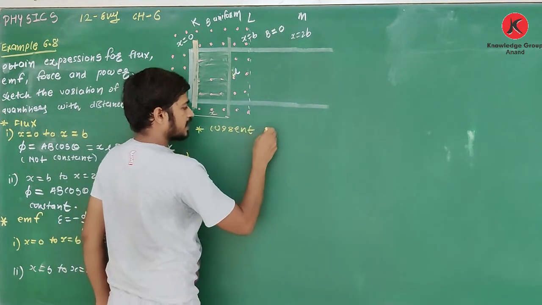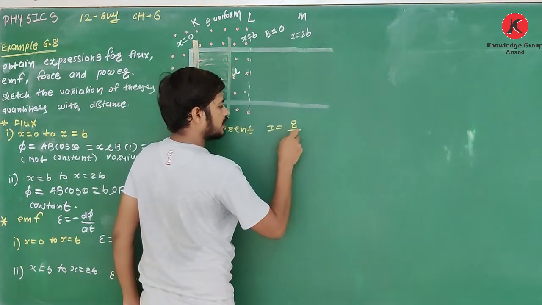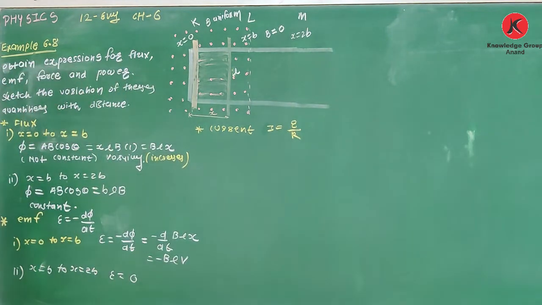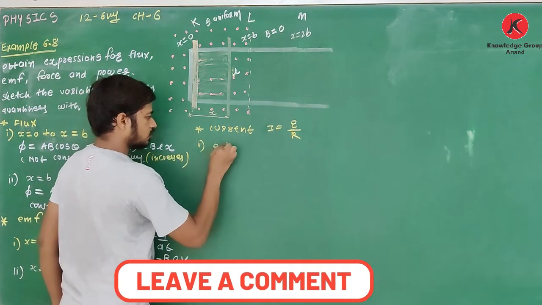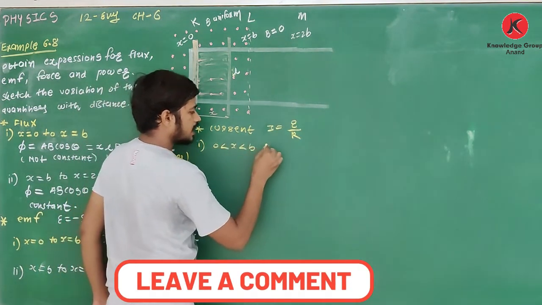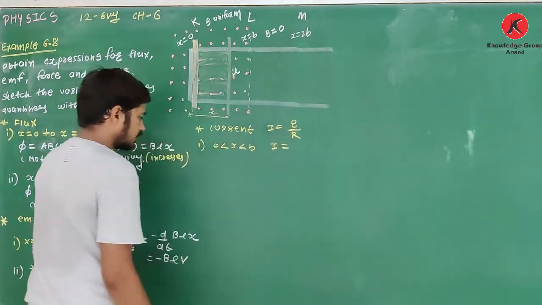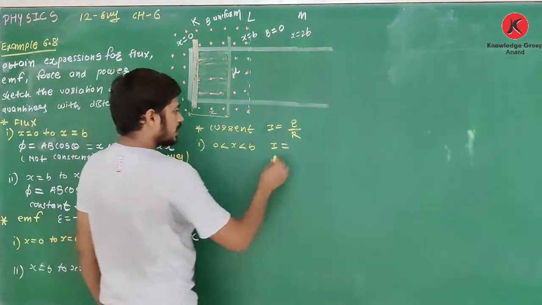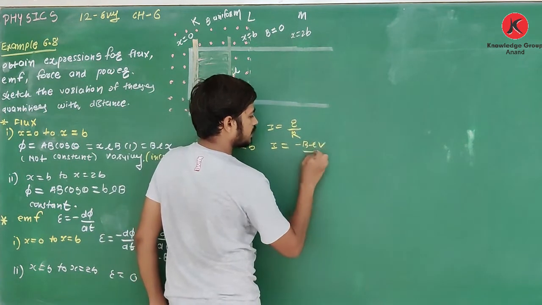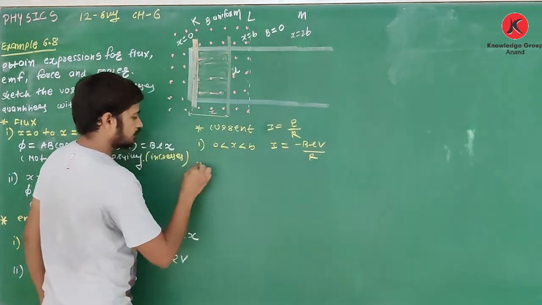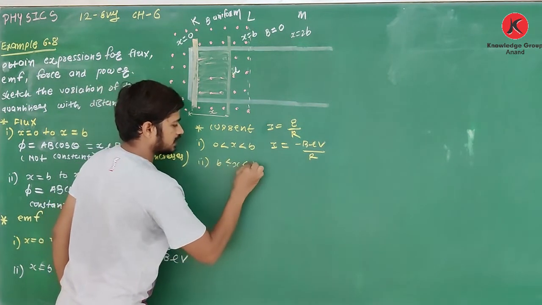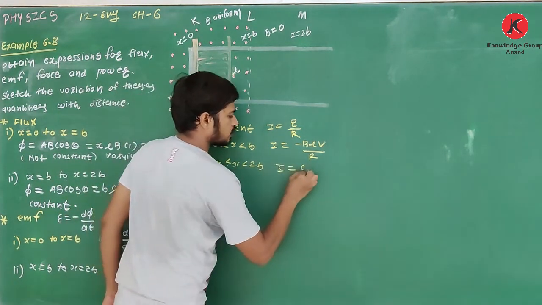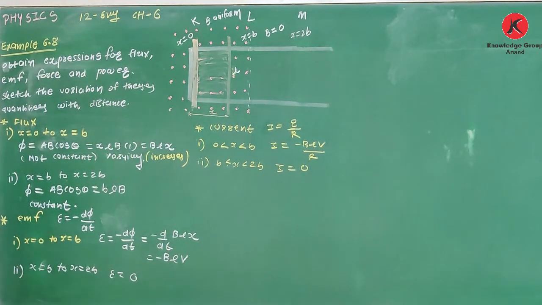Current I is equal to E upon R. So for the first case, that is from 0 to b, current I is equal to minus BLv upon R. And for the second case, that is b less than x less than 2b, I is equal to 0 because EMF is 0.